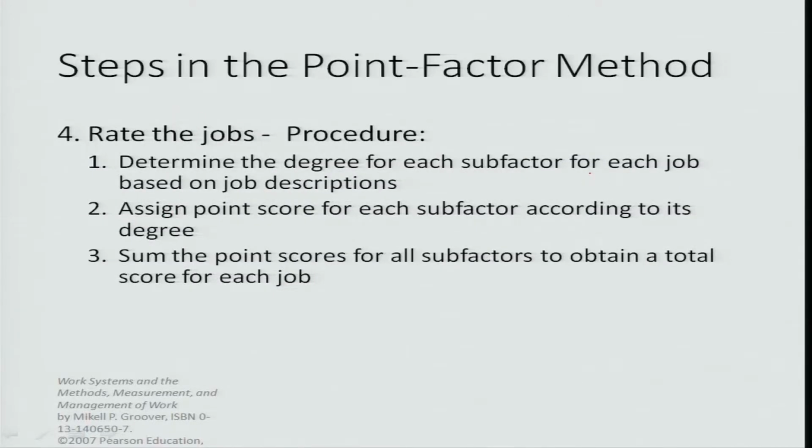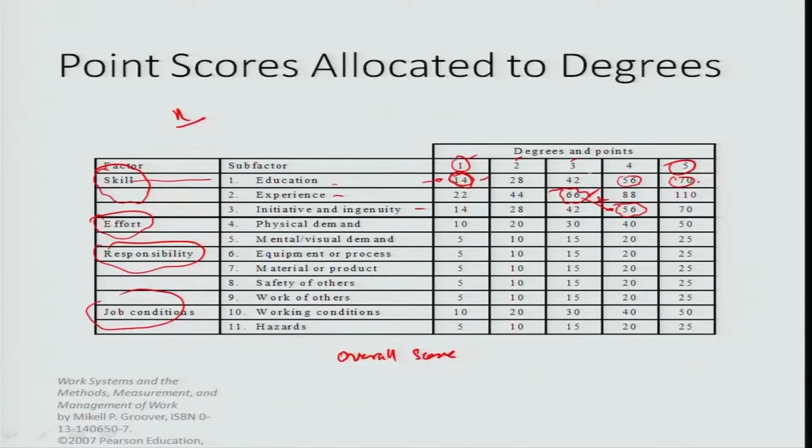So you have an overall rating of about 126 for the skill factor associated with a certain job X. Similarly, you have some other rating for effort, responsibility, and job condition.